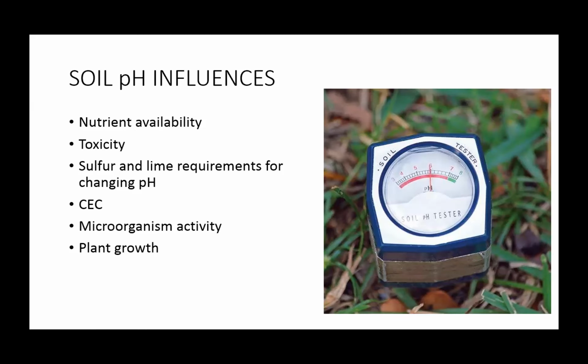It gives you an idea of like what type of mineral or element you might need to use to amend your pH. So, and how much of it you might need. So the further you are away from neutral, the more of something you're going to need to fix your soil pH. Sulfur and lime are the two that we're going to use the most, mostly lime, to bring our soil pH back up from acidic.